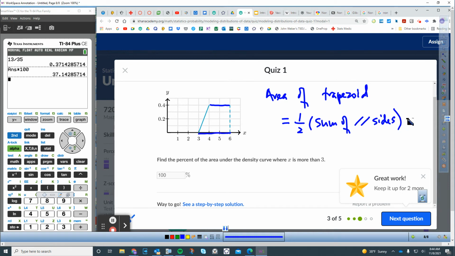The sum of parallel sides multiplied by the perpendicular height, which is this, right? The perpendicular height, right there. Okay, that's the area of the trapezoid. So that's how you find the area under the curve.